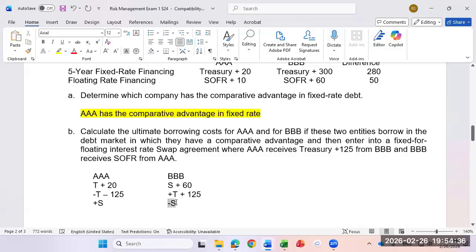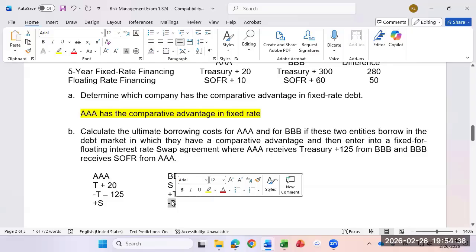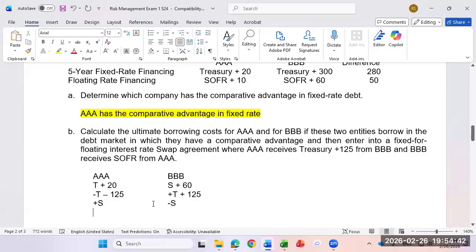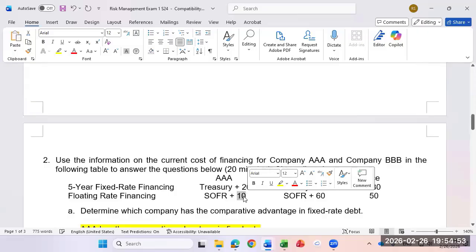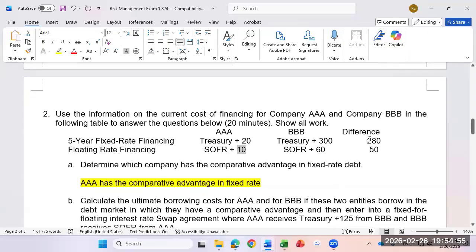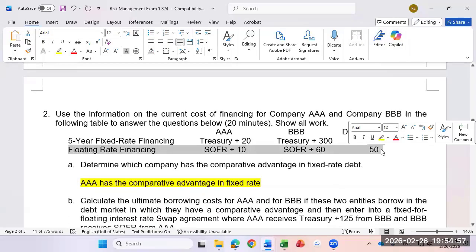So receive, you'll see I'm doing a negative sign for receive and a positive sign because we're talking about the cost. So you do this, the T's cancel out. So you end up with plus S minus 105. What were they before? S plus 10. What did we say half of this difference was? 115.